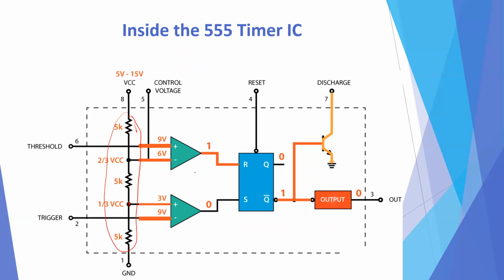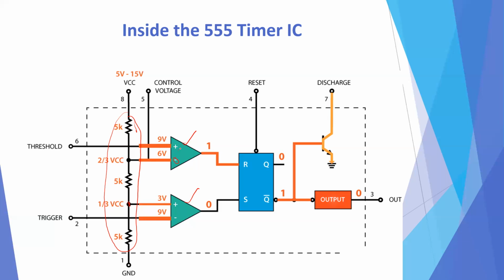Then two comparators are there. This comparator is called the threshold comparator. This comparator is called the trigger comparator. It compares the two inputs given at the inverting and non-inverting terminals.